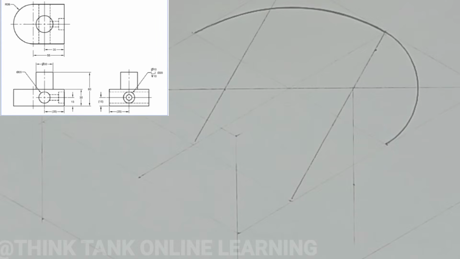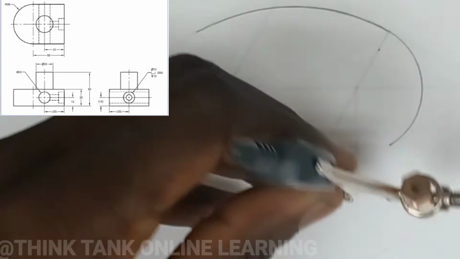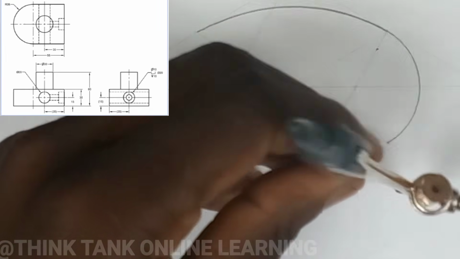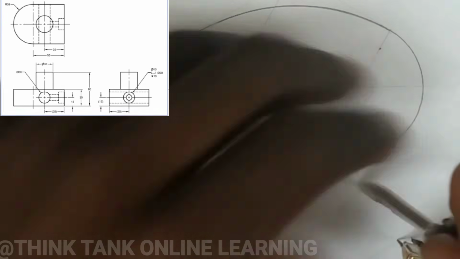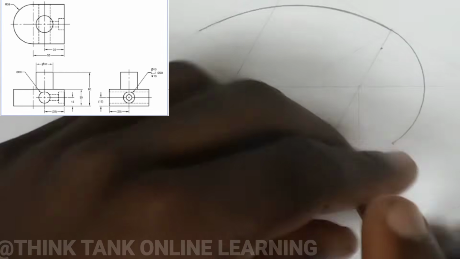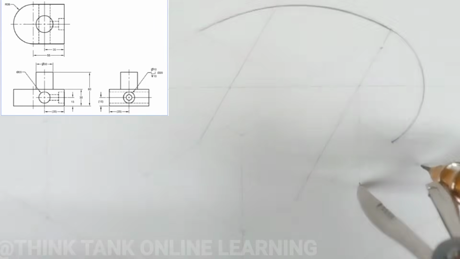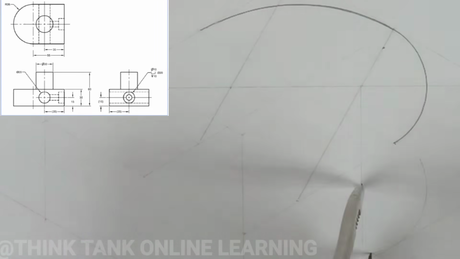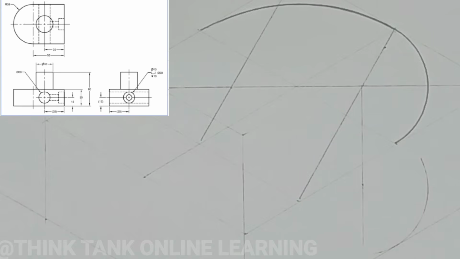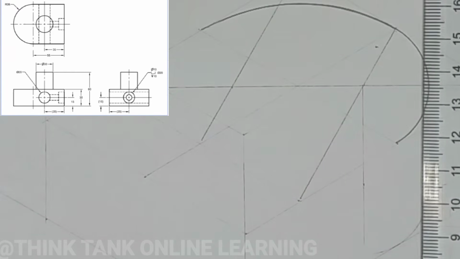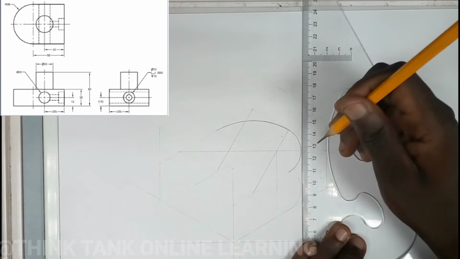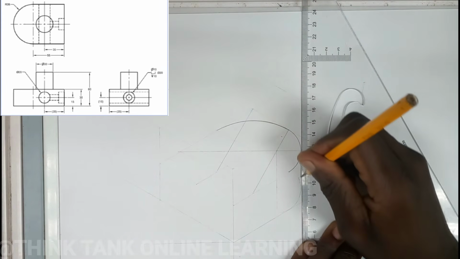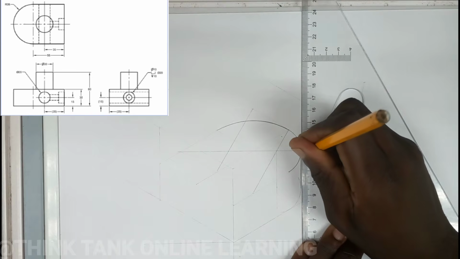This is the curve I've drawn on top, so using the same measurements I'm going to draw another curve, and I can join this point and this point using a ruler or set square.